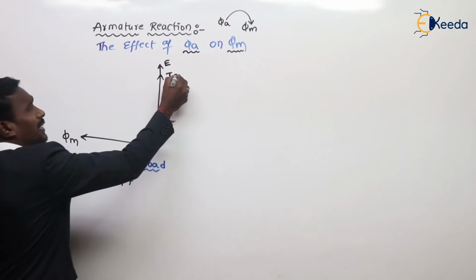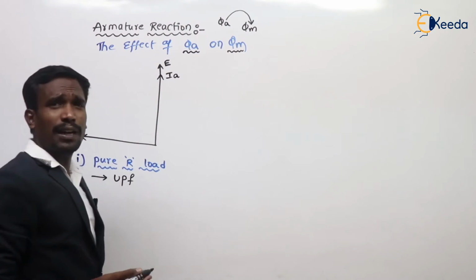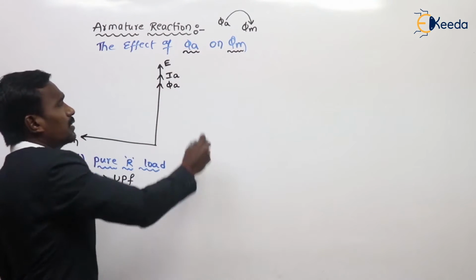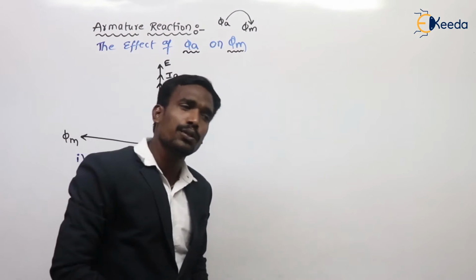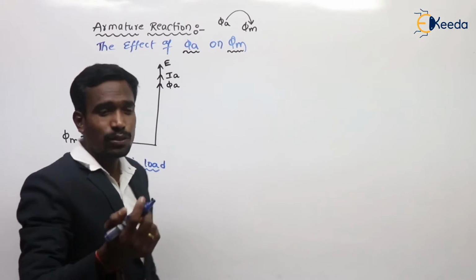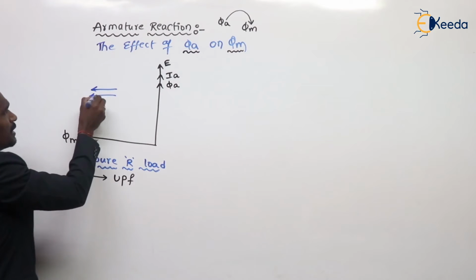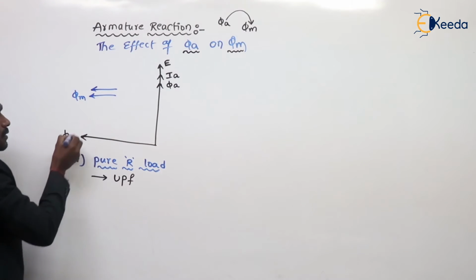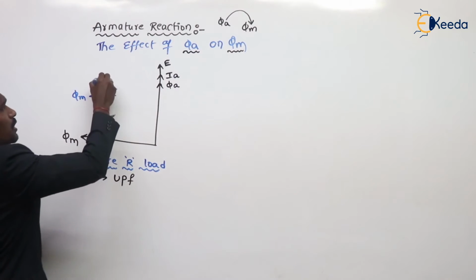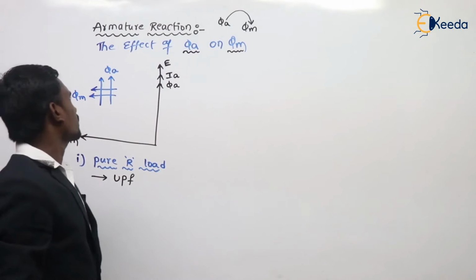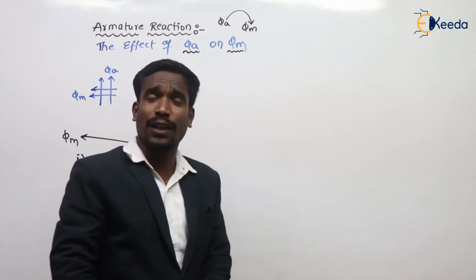When the armature current is in phase with EMF, the armature flux is also here, because the armature current produces armature flux. The main field flux is in this direction and the armature flux is in this direction. Here my armature flux is going to disturb the main field flux, of course.